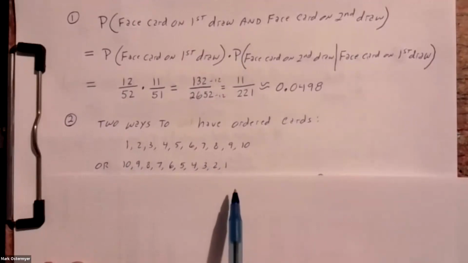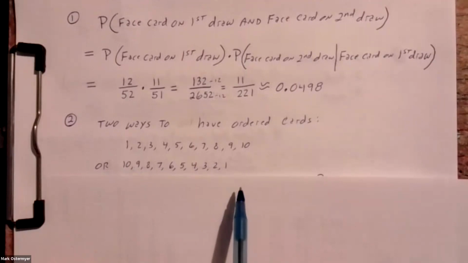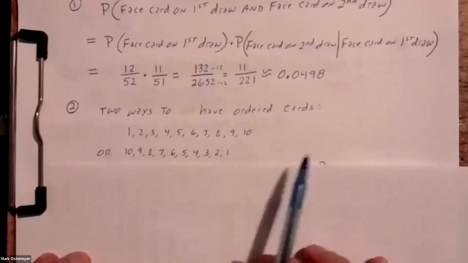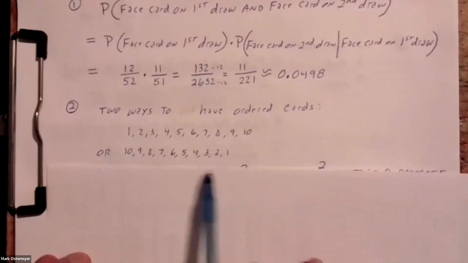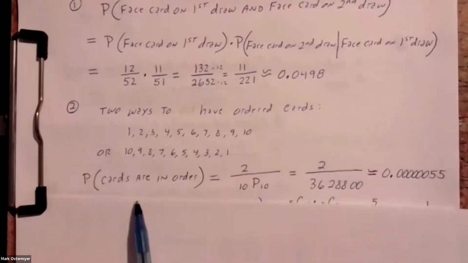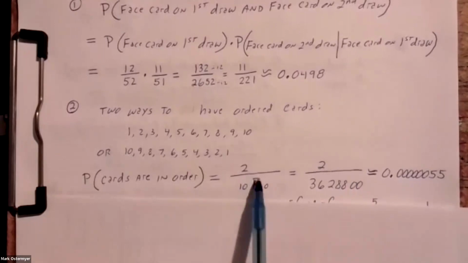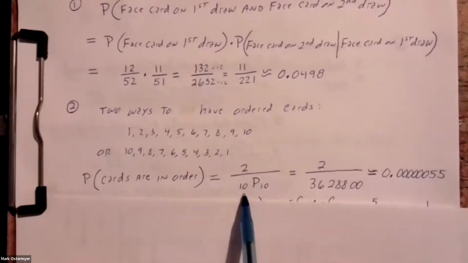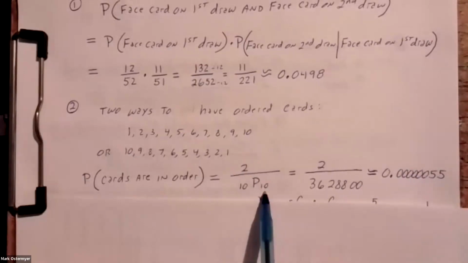Out of how many different ways can you deal 10 cards and have them take on any order in general? So the probability that the cards are dealt in order is going to be 2 ways to deal them in order, divided by 10 permuted 10 ways of dealing 10 cards in any unique order.